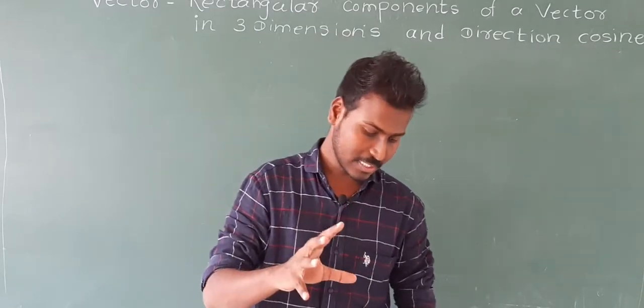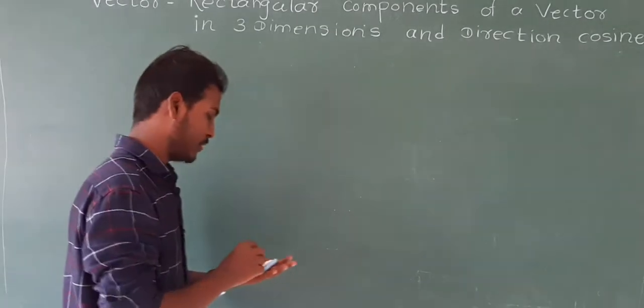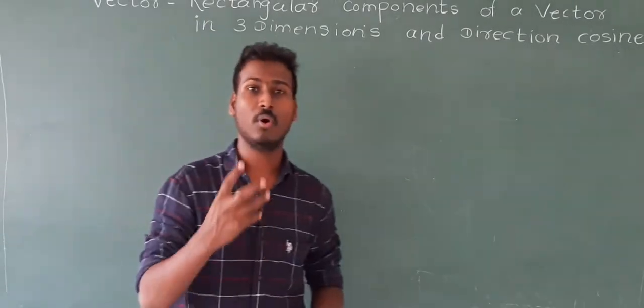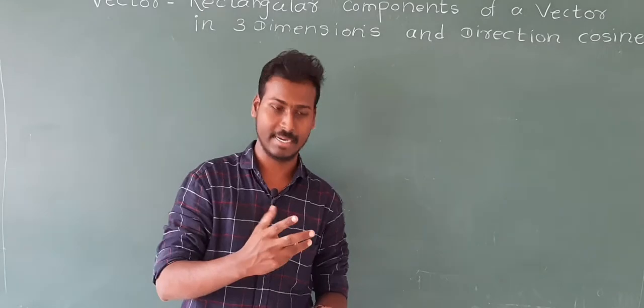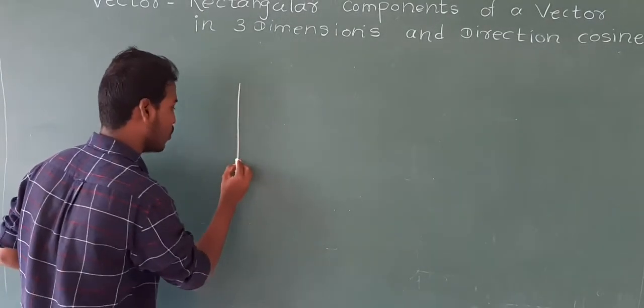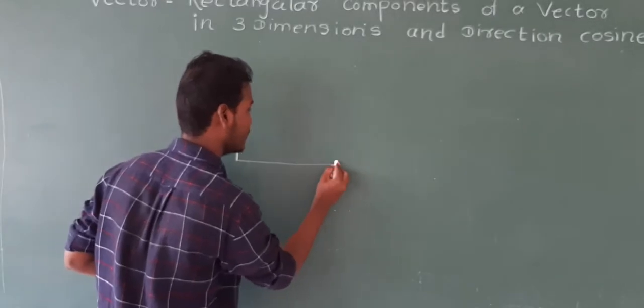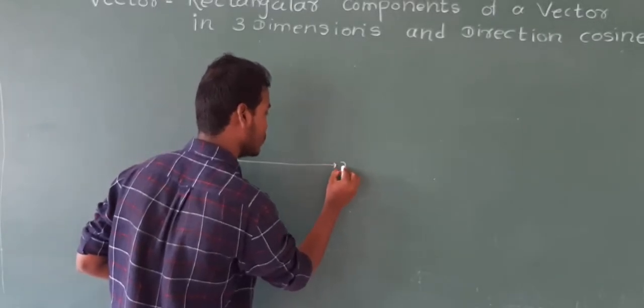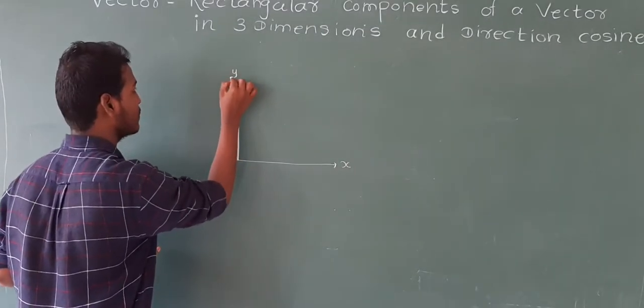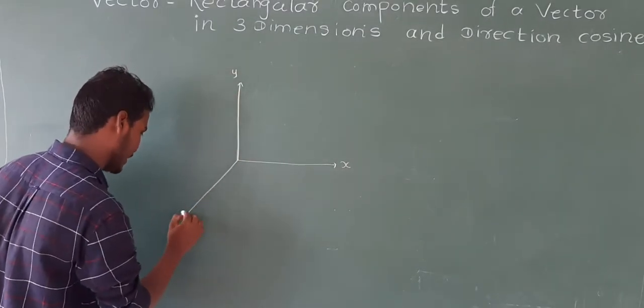For example, let us take a single point showing movement in 3 dimensions. First of all, we should know the coordinate system x, y and z. Let's say this is our coordinate system. This is our x axis, this is our y axis, and this is the z axis.